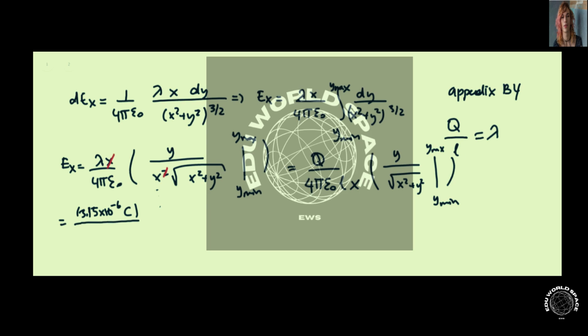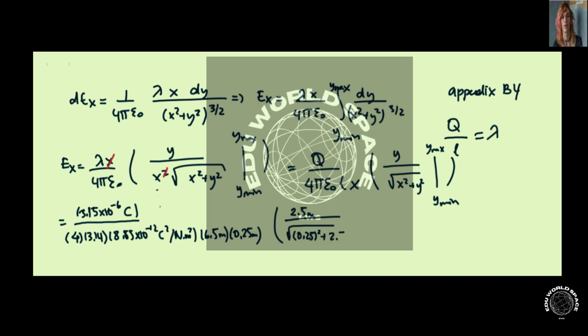In the denominator, I have 4 times 3.14 times epsilon naught, which is 8.85 times 10 to the power of -12 coulombs squared per meter squared, and L is 6.5 meters, x is 0.25 meters, and y max was 2.5 meters, divided by the square root of 0.25 squared plus 2.5 meters squared, minus negative 4 meters divided by the square root of 0.25 squared plus negative 4 meters squared.